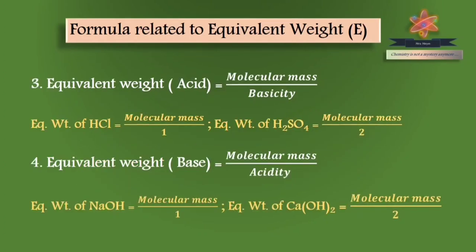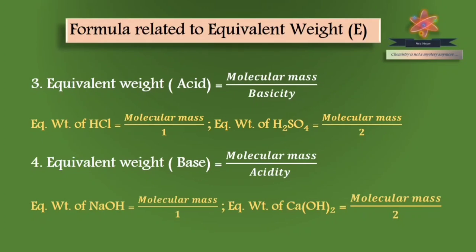Third formula, equivalent weight of an acid is equal to molecular mass of the acid divided by basicity of the acid. Basicity is nothing but how much hydrogen is present in that acid.